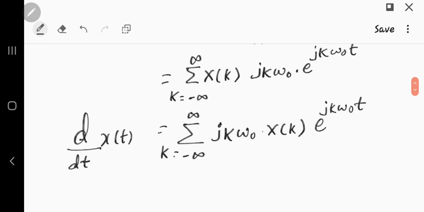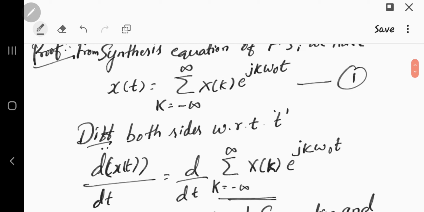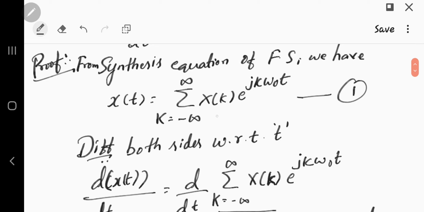Now here is the catch. If you compare this expression, that is the LHS, with equation 1, here you can observe this. Here, if x of t is transformed, you will get summation k varying from minus infinity to plus infinity x of k e power j k omega naught t.